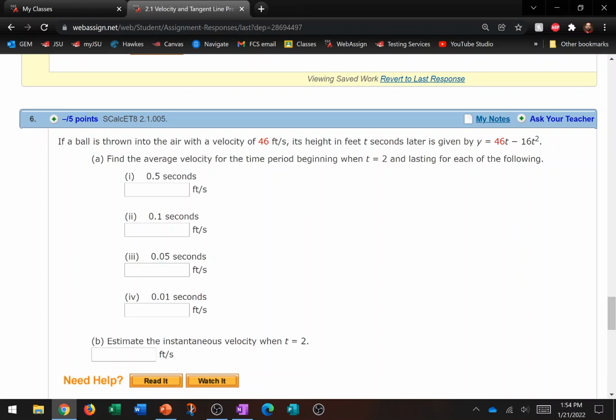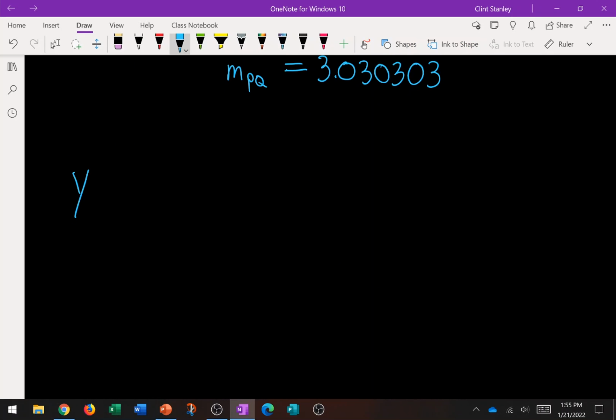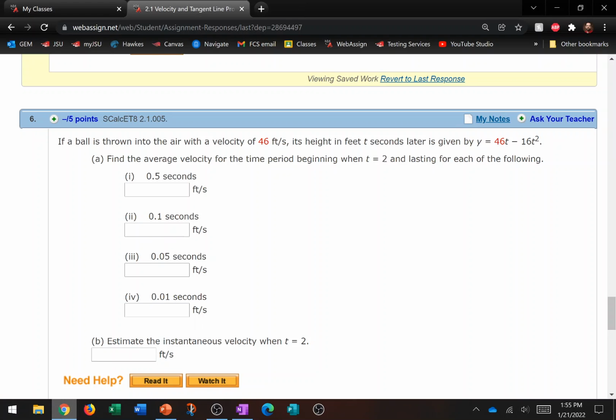So this one, same idea, we want the slope between 2 points. And this one gives us y equals 46t minus 16t squared. My numbers, I already forgot, 16.